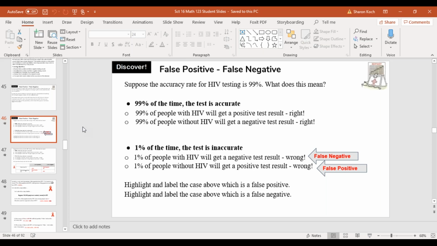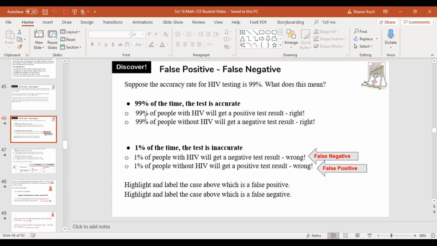That means if you don't have it, 99% of the people who don't have HIV will test negative. So always think, if the test is working correctly, what does that mean? 99% of the time, positives are going to test people who have it. Negative means you don't have it.